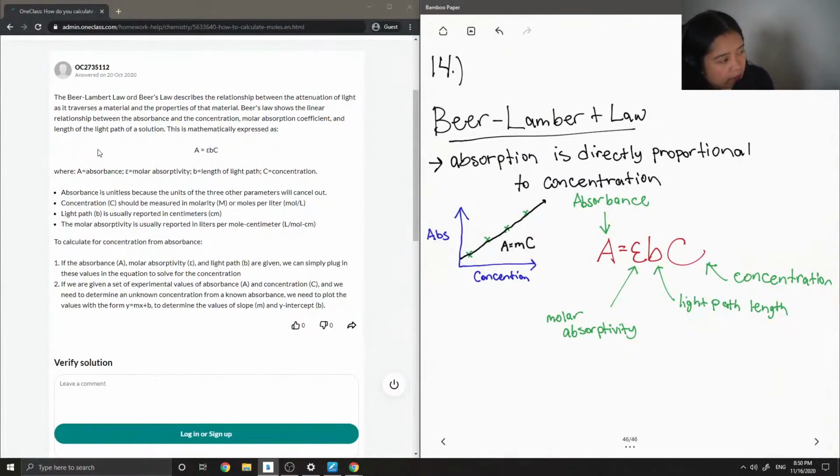Concentration should be measured in molarity, or moles per liter. Light path is usually reported in centimeters, and the molar absorptivity is usually reported in liters per mole times centimeters.